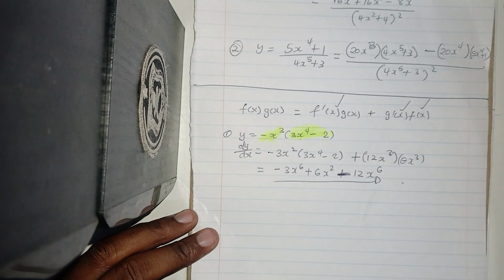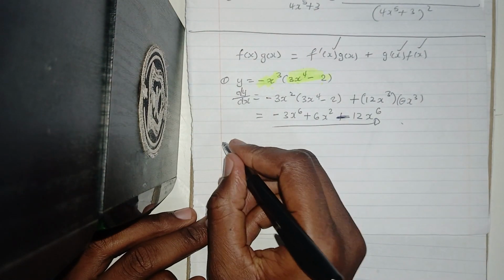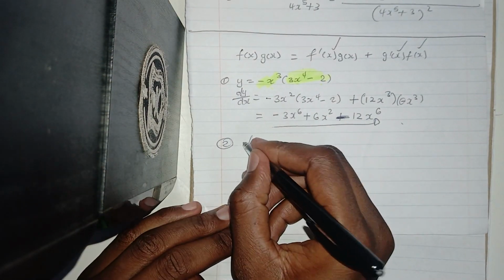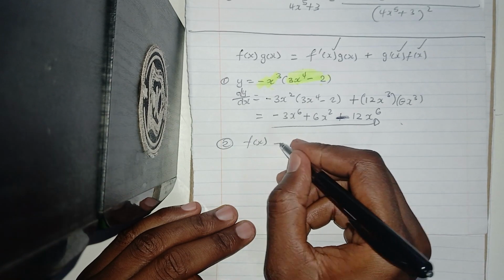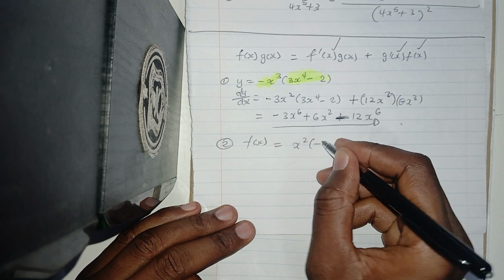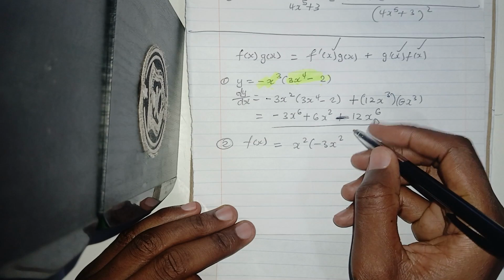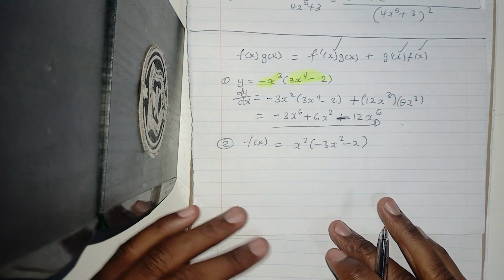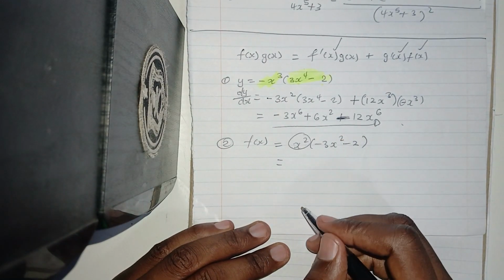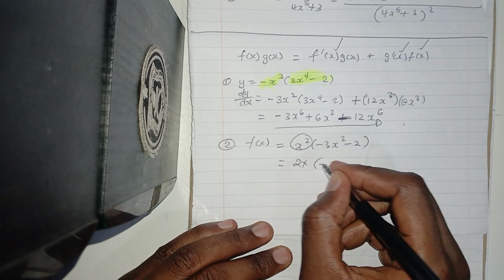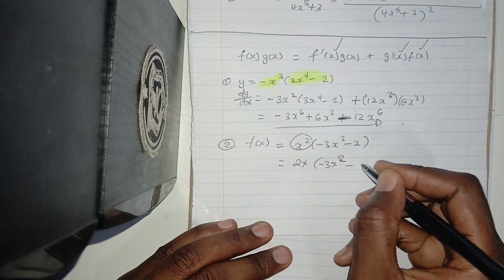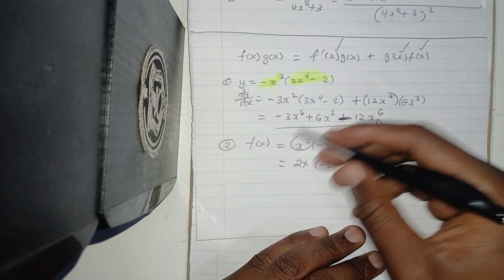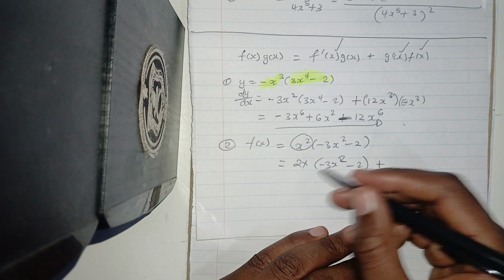And then we can just continue and solve number 2. Number 2 is f of x equals x squared minus 3x squared minus 2. So here you just have to first derive this one into 2x, copy the original equation, negative 2. Now you have to add this.